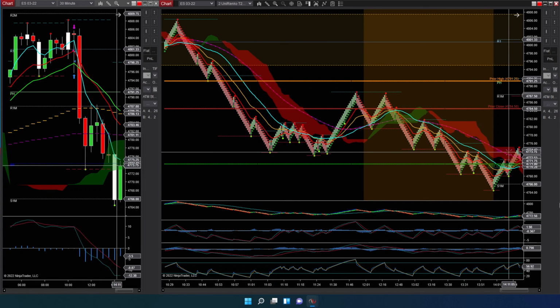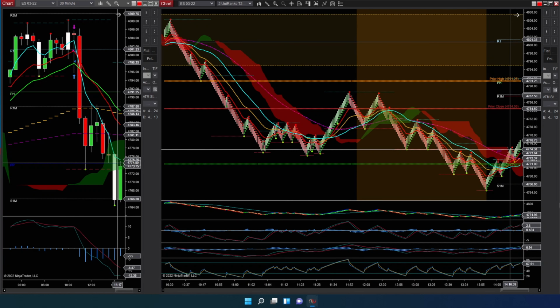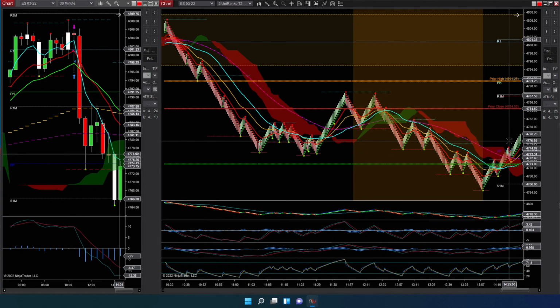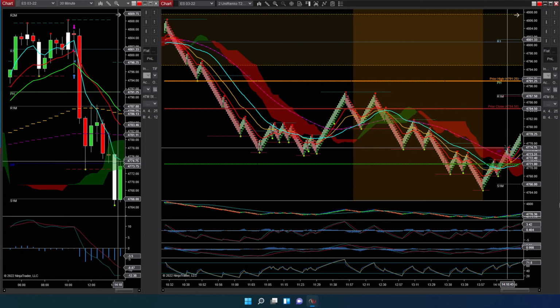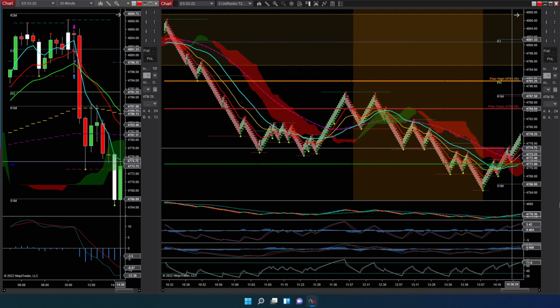This one could be a good one, but we're still too close to the cloud. But it finally broke. So this entry was better, not here, maybe here, but not here. But then the second one when it came down.